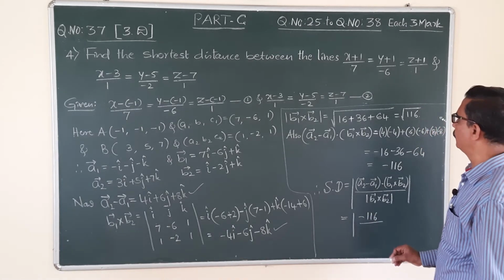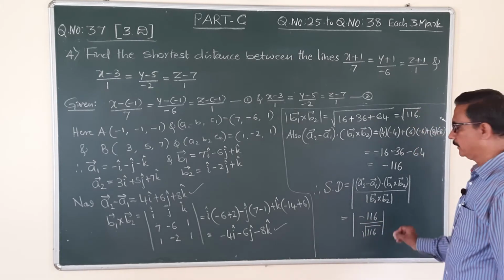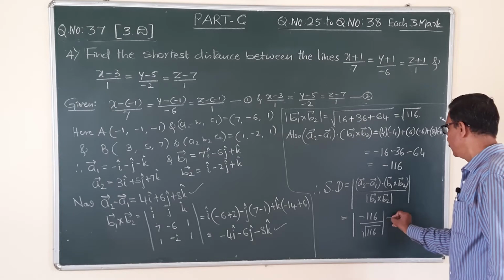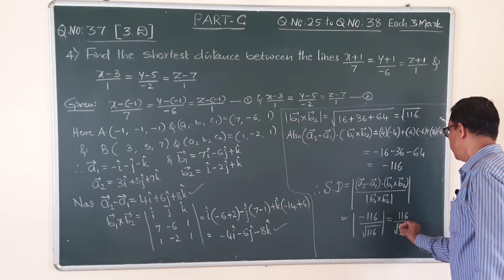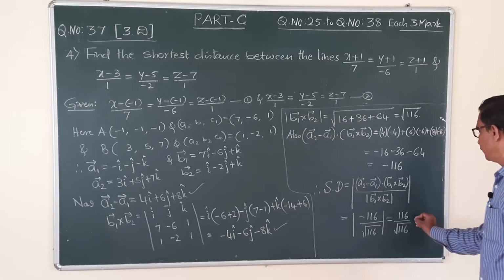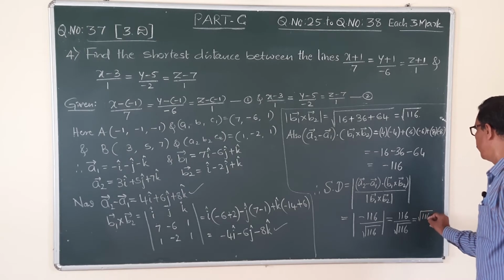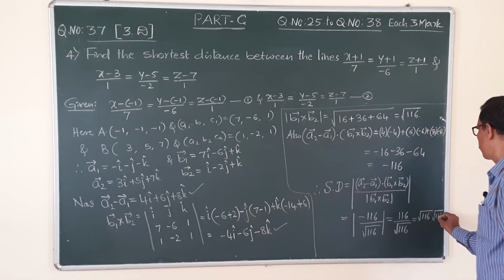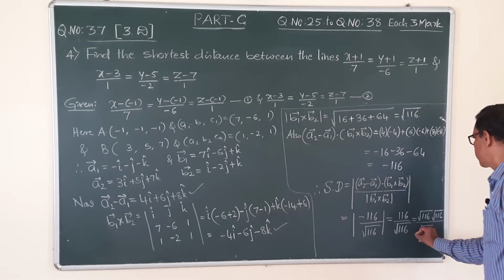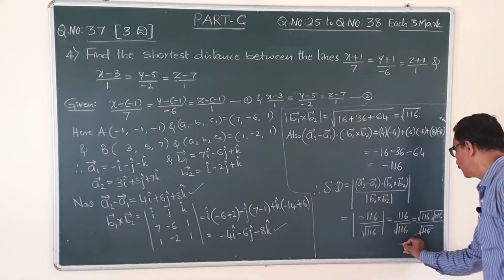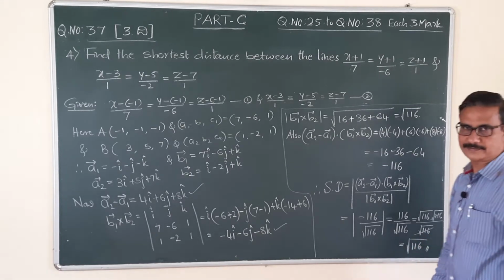Magnitude of b1 cross b2 is root 116. That is equal to modulus of minus 116, is plus 116, by under root 116. Here in the numerator 116 can be written as root 116 into root 116, divided by root 116. One term gets cancelled, so that shortest distance between them is root of 116.